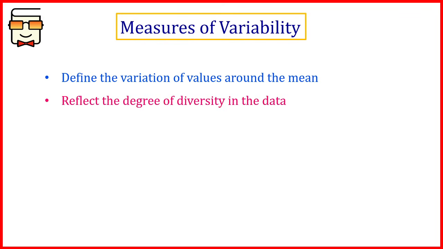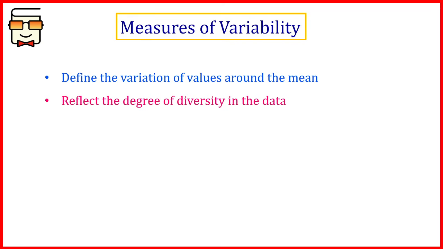There might be a case when two different data sets have the same values for the measures of central tendency, which are the mean, median, and mode, but their measures of variability might be completely different. That is why calculating both measures of central tendency and measures of variability is important.